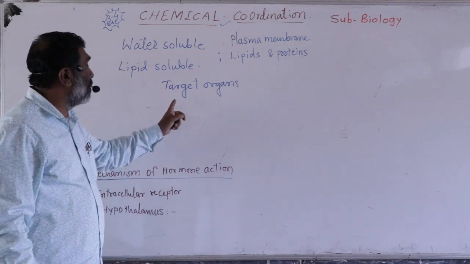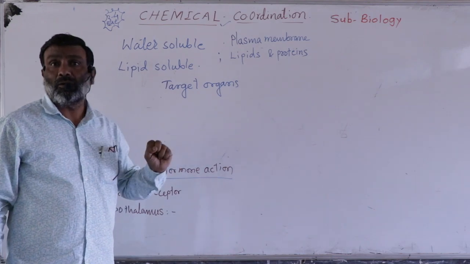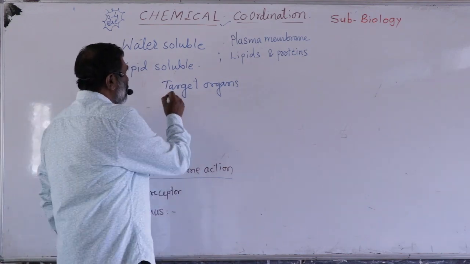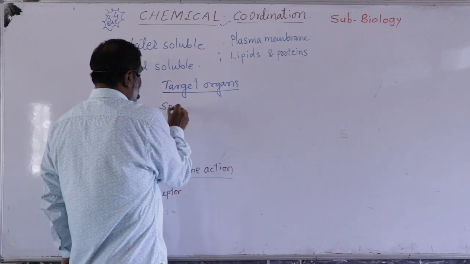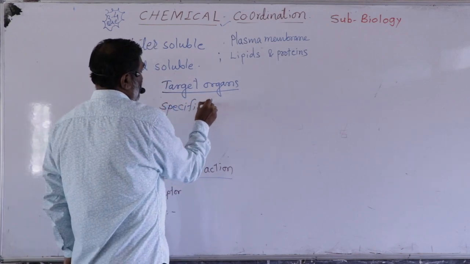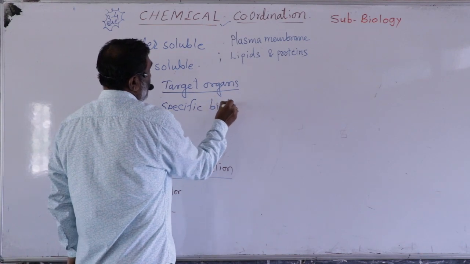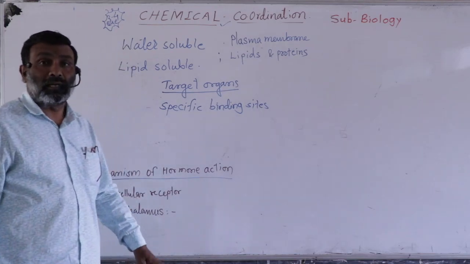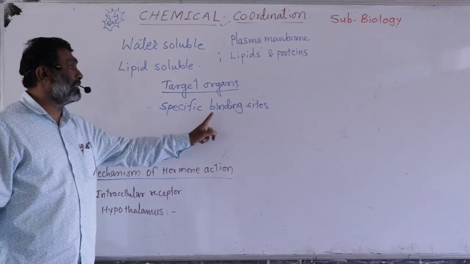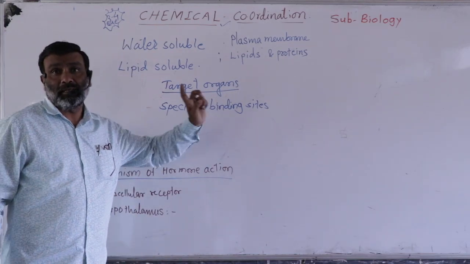Such organs are called target organs. Now these target organs have certain specific binding sites. The target organ has specific binding sites.